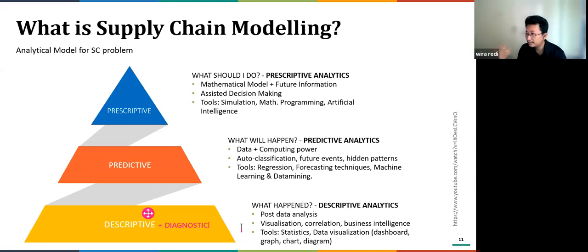But anyway, in supply chain modeling problems, the first step, descriptive, is basically to describe what happens in the process, in the activities that the data you collect comes from. So descriptive analytics tools have much to do with simple statistics, like seeing the means of the data, the variance, and then doing visualization to see the correlation from one variable to another.